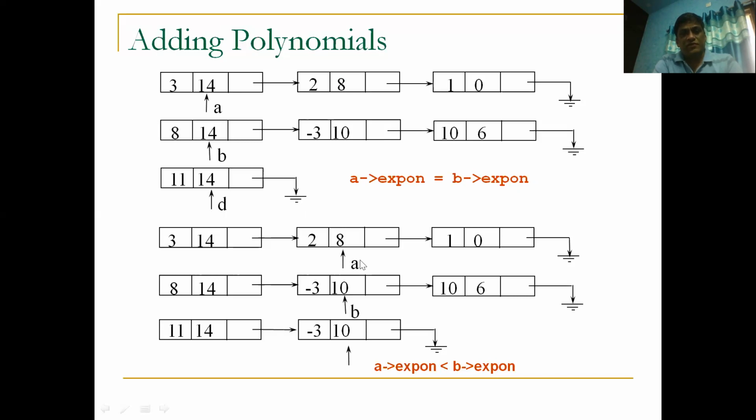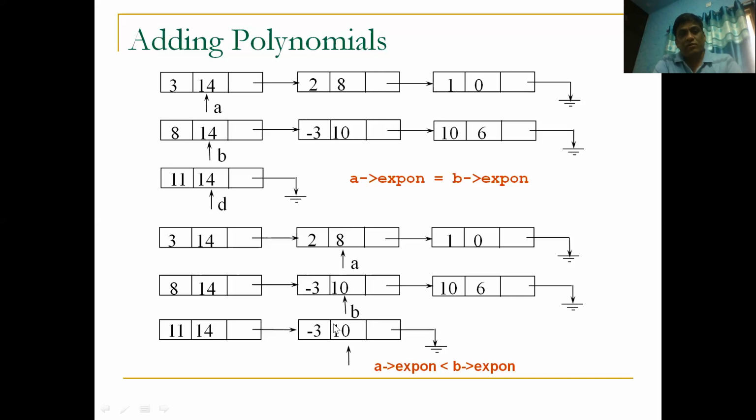Okay, and if you observe case 2, comparing these two nodes, 2,8 and minus 3,10, if you observe, the exponent of the first polynomial is lesser than exponent of the second polynomial. Then what we do is the greater exponent term will be added to the new polynomial. That is, greater exponent is 10 among these two. Therefore, minus 3,10 will be added to the new polynomial.